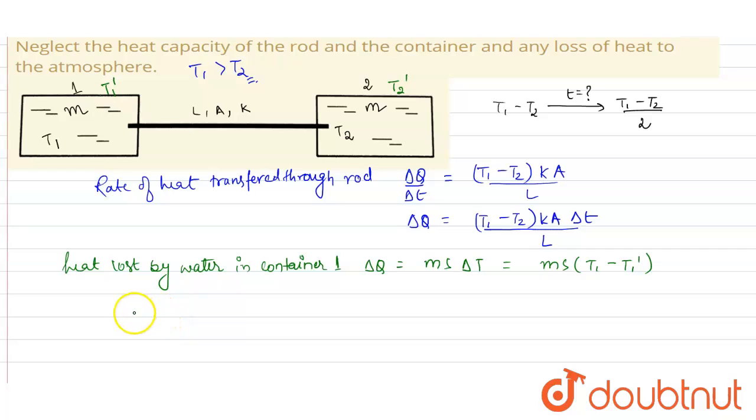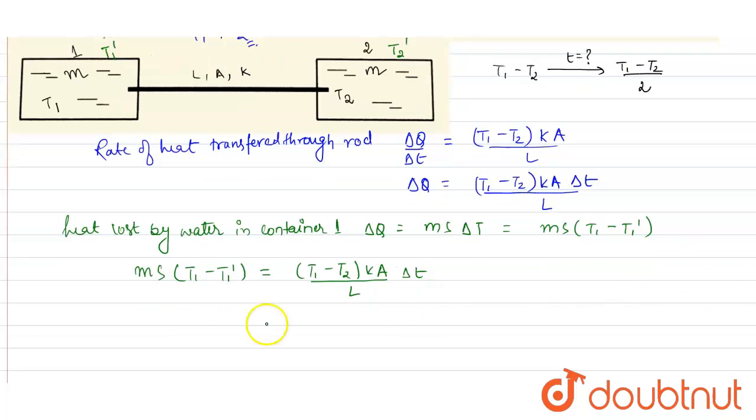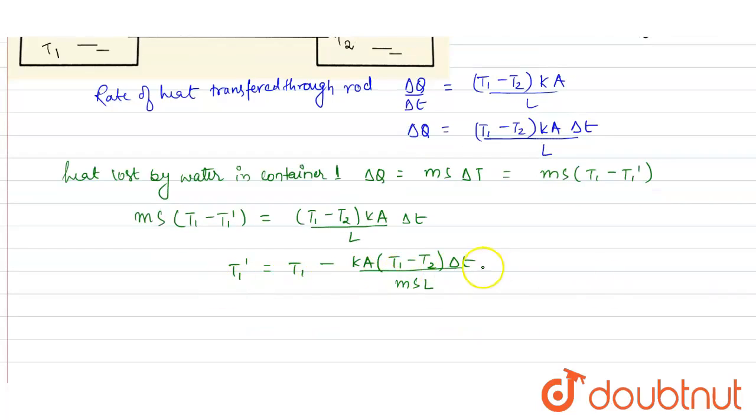So m s (T1 minus T1 dash) equals (T1 minus T2) times K A upon L into delta t. From here, T1 dash will come as T1 minus K A (T1 minus T2) delta t upon m s L. Let us call this equation number 1.